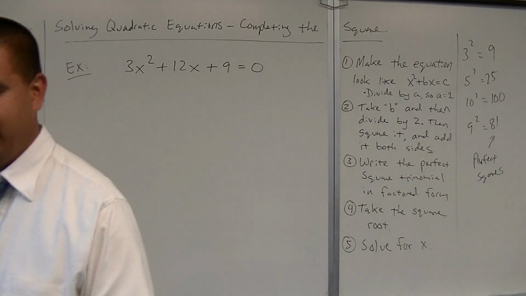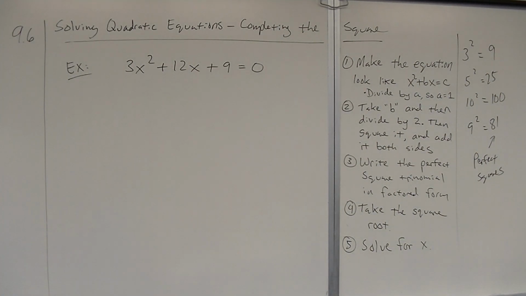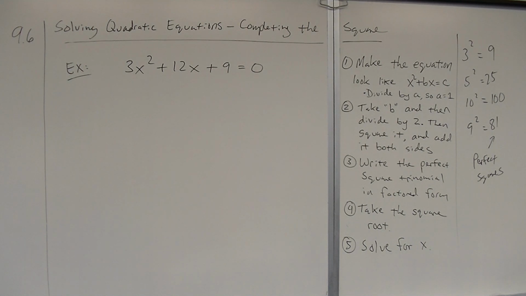Okay, you divide, right? Then find B, which is 4. Divide by 2 is 2 squared. So you have 4 on both sides. Good. And find B. What's B?